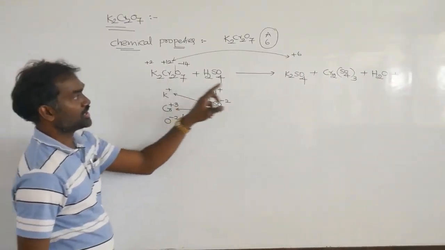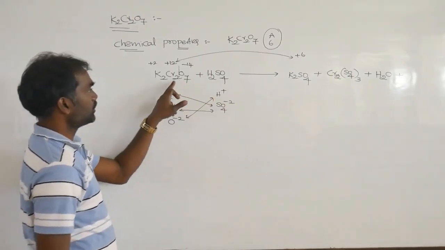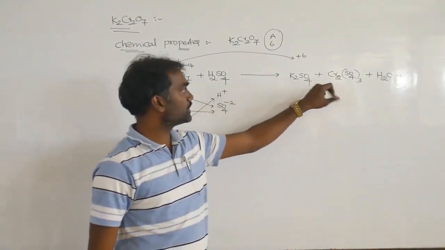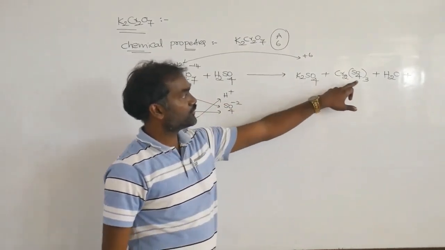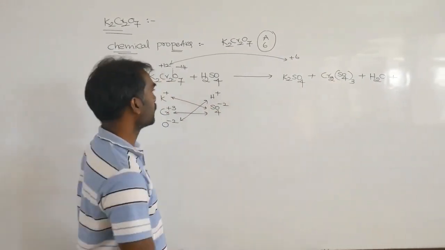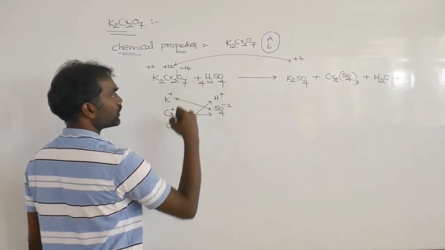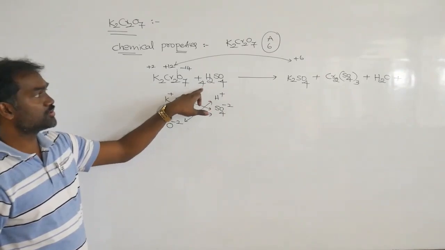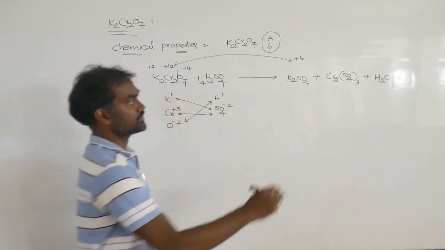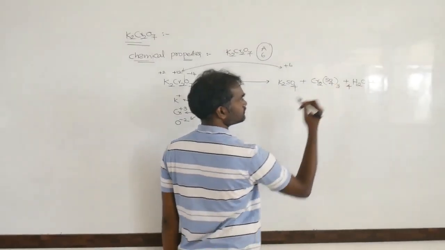See, 2 potassiums balanced, 2 chromiums balanced. SO4: here 1 SO4, here 3 SO4, total 4. That's why I am taking 4 H2SO4. Next hydrogens: here 4 2s are 8, so here also you are getting 4 H2O.